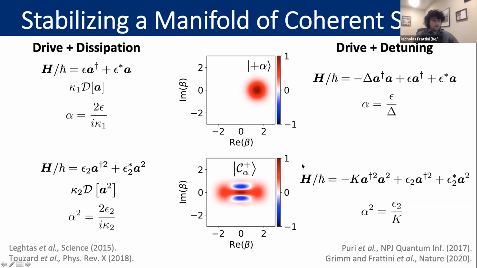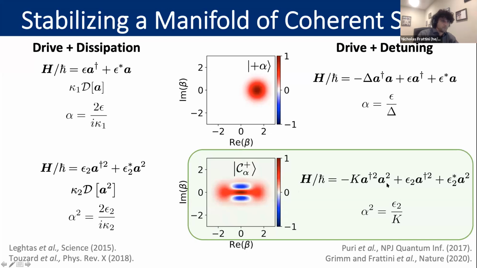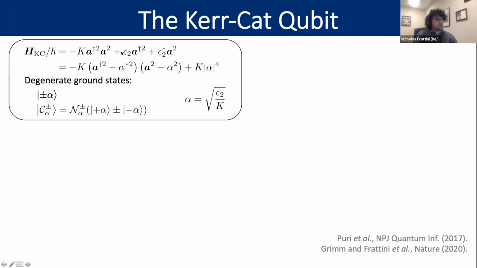So, okay, maybe let's delve into this a little more. It's maybe a little opaque. Why does this in fact give us the cat states that we know and love and are expecting? It's actually easy to see if you go ahead and factor that Hamiltonian, you can see right away from this factorization that the coherent states of plus and minus alpha will be degenerate ground states of this Hamiltonian.